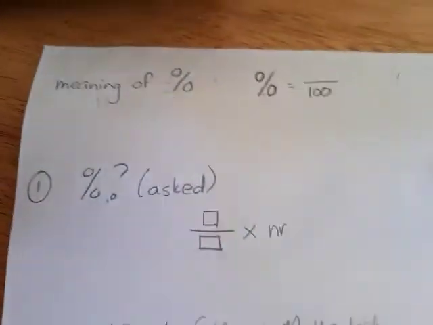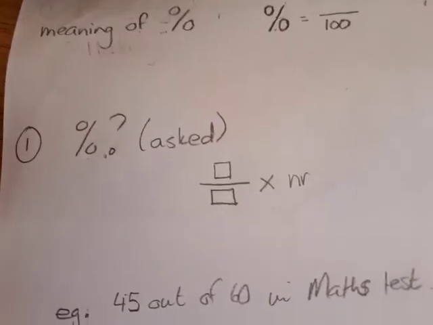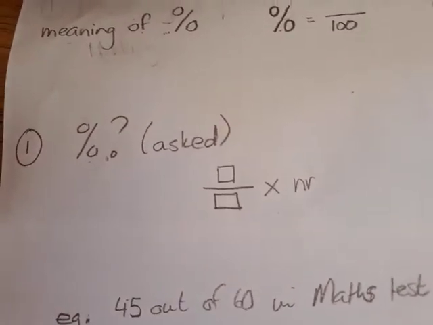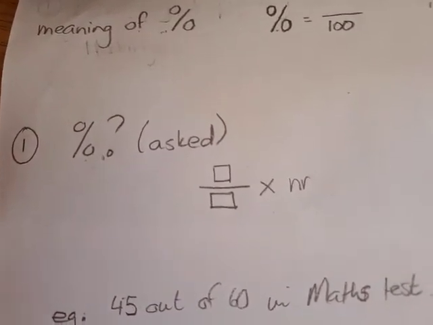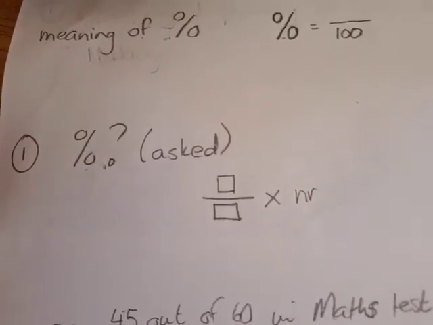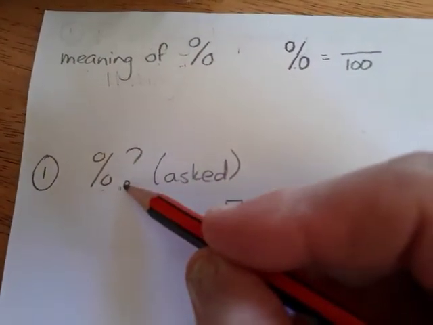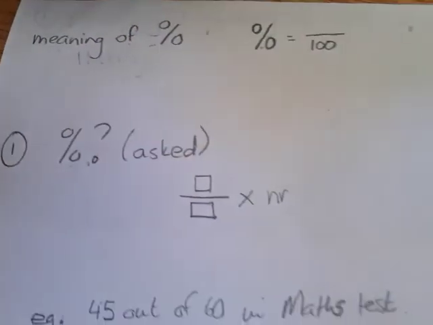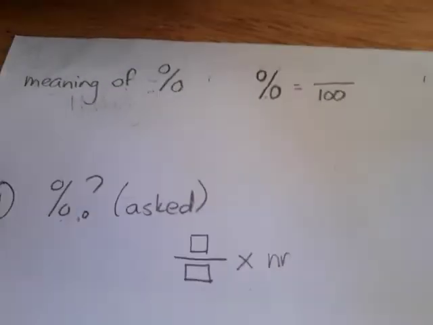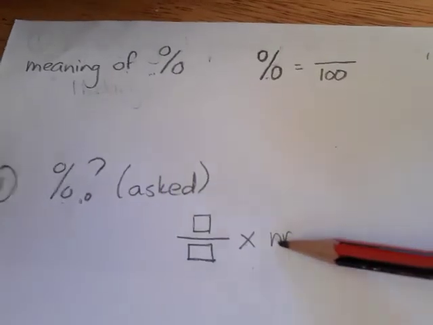Okay. So when we now go to the first type of question, it is when they give you quantities and the question is how much percent or what is the percentage. Okay, so the percentage is the question mark. Now remember, those calculations are always based on a fraction times a number.